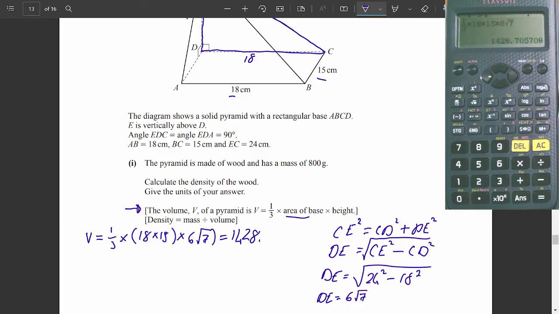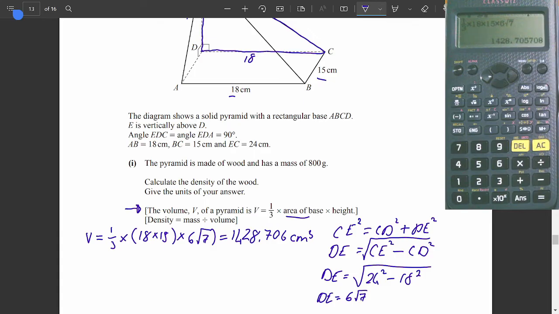Don't round your answer. You don't have to write all the digits, just write a fair amount. Seven significant figures should be good for a good answer. And of course that is the volume, which we've now measured. Volume is in centimeters cubed.